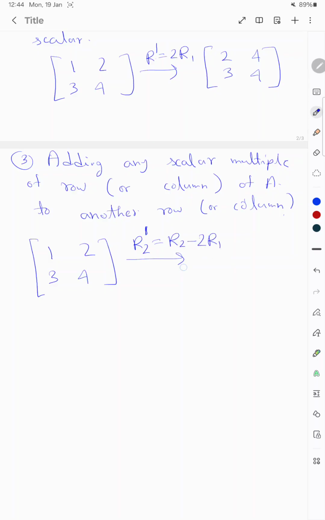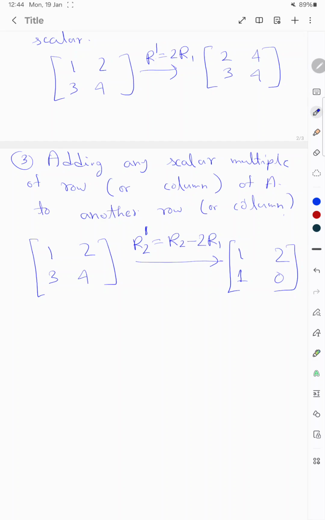So r1 will have no change, 1 2. In the second row, whatever your r2 value is, then minus 2r1. So here you have 3 minus 2, that means 1. Here you have 4 minus 2 into 2, that means 0. So this type of thing.